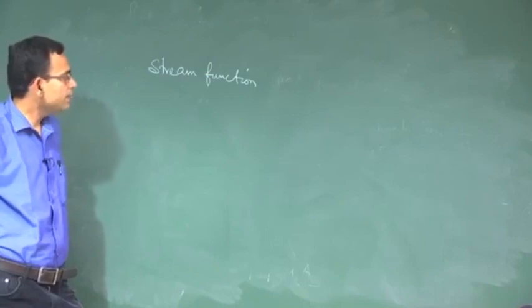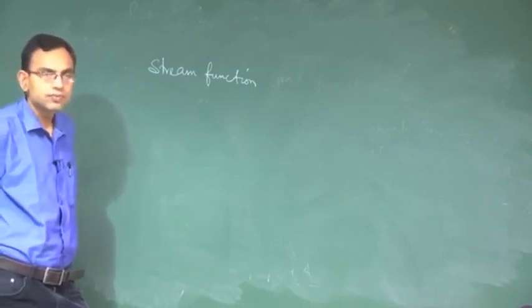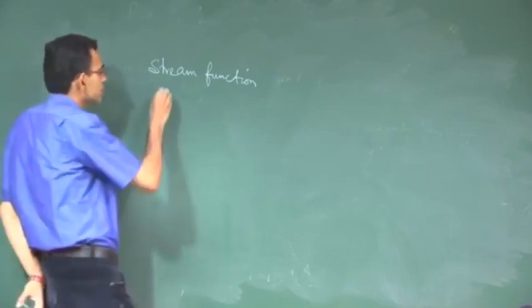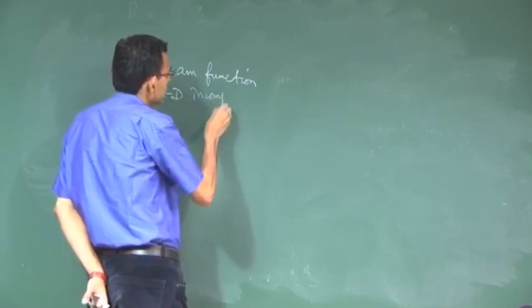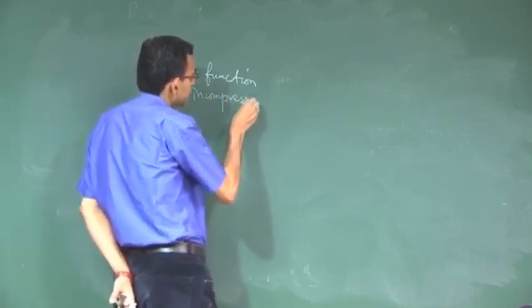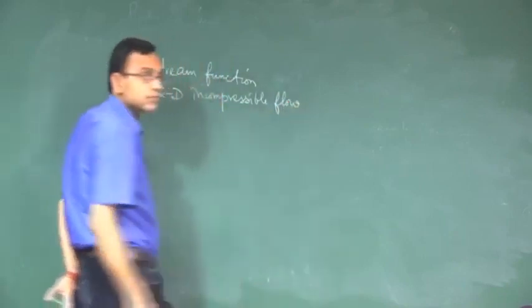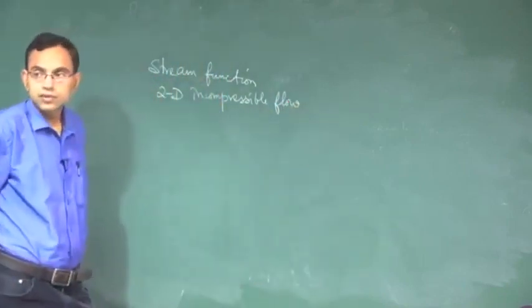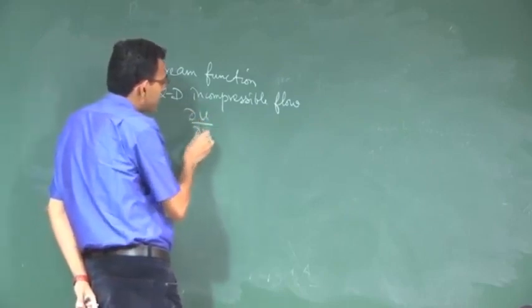Let us say that you have a 2-dimensional incompressible flow. So you have del u del x plus del v del y equal to 0.